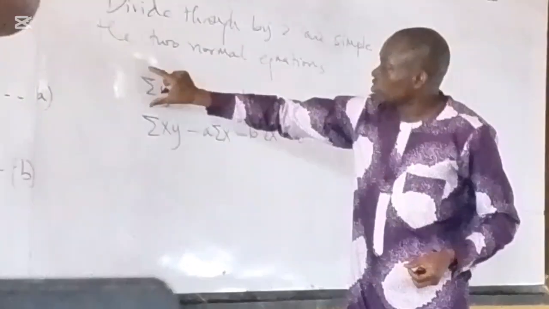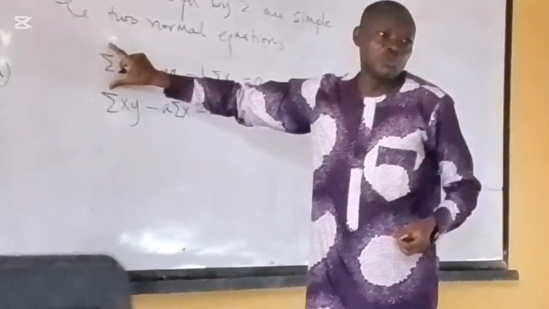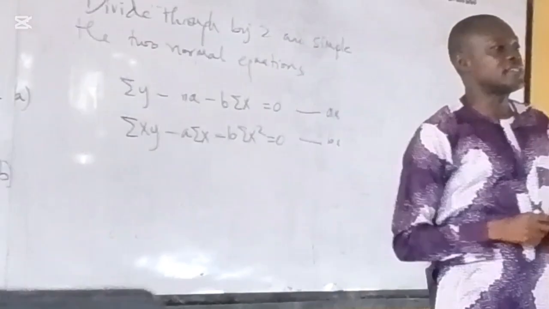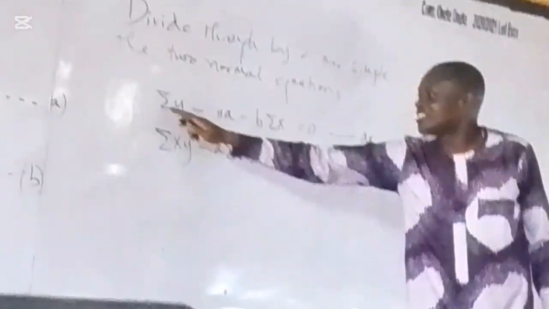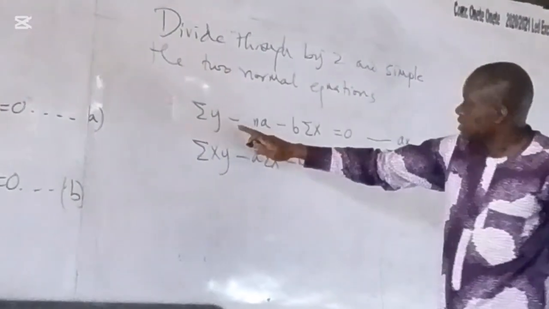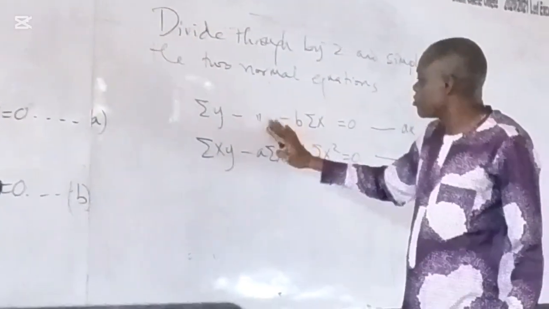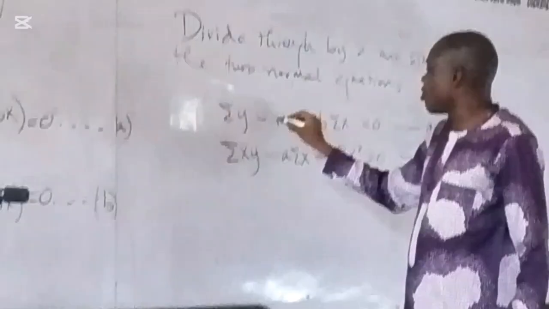This is the only one that we are going to keep on one side. So we are going to make anything that has to do with y stand. So in that case, we have said that minus NA, or AN. Let me put it this way first, because A comes before N.